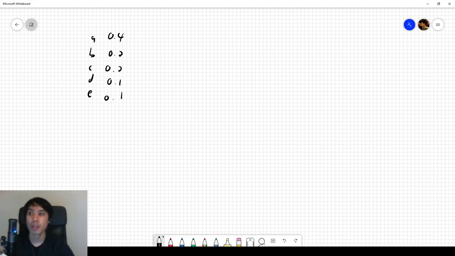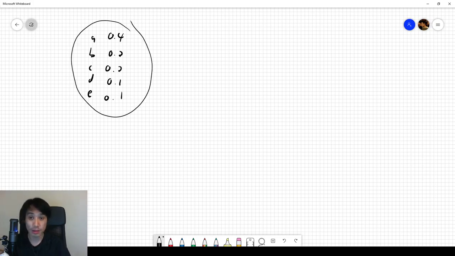Okay, so the concept is very simple. I want to build a tree based on the smallest probability. So currently, what I'm seeing here is 5 characters. The higher the probability for it to occur, I want it to be shorter.